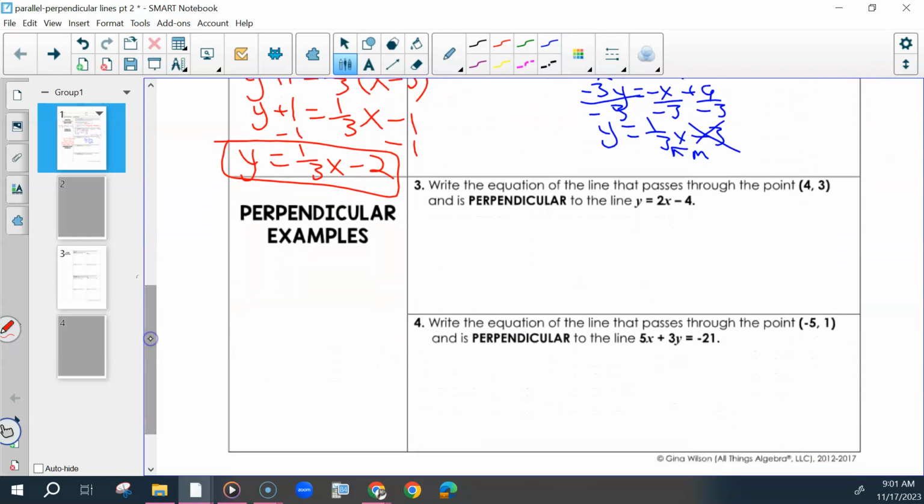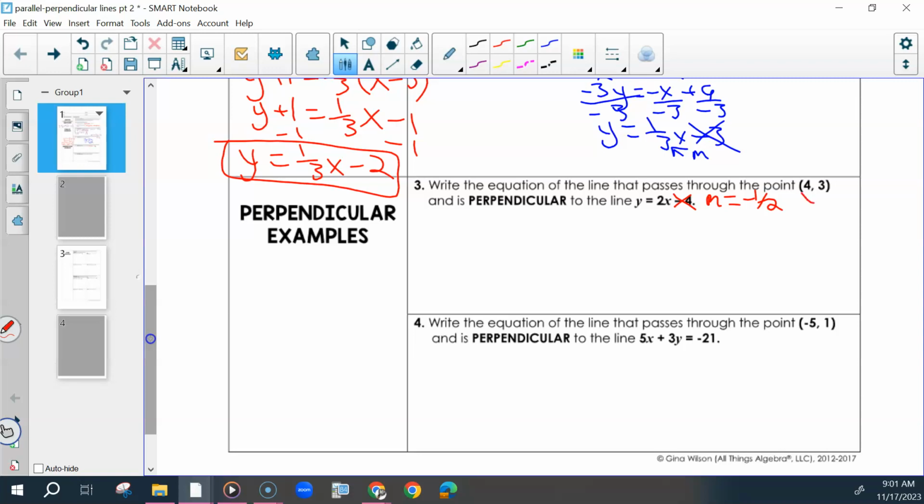Now we're changing gears. Now we're talking about perpendicular. So just as before, cross out this y-intercept, you don't need it. But now we need to figure out what would the perpendicular slope of this be. Negative 1/2. So you have to change that first before you do anything else. If you put in 2 into your equation, you're going to get a wrong y-intercept. So you have to change that first.